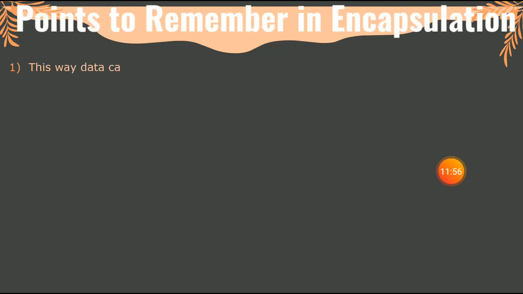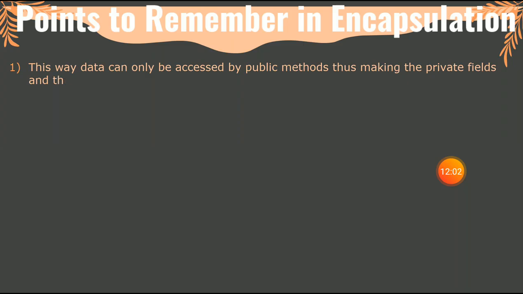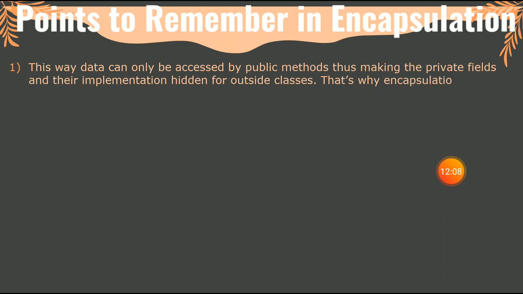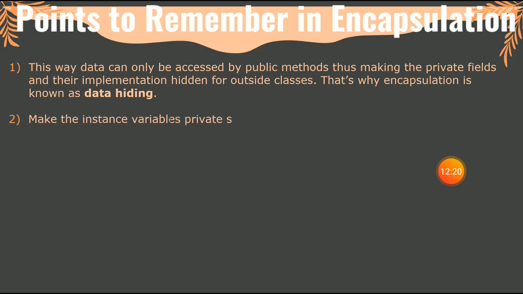Now, points to remember in encapsulation. Data can only be accessed by public methods, that is the set and get methods we have used, thus making the private fields and their implementation hidden from outside classes. That's why encapsulation is known as data hiding. So when the term data hiding comes up, we know this is encapsulation.